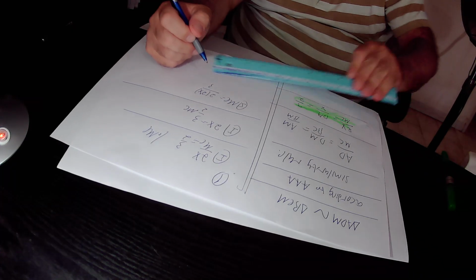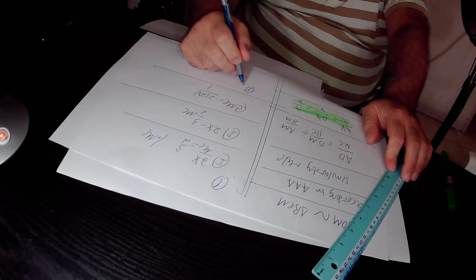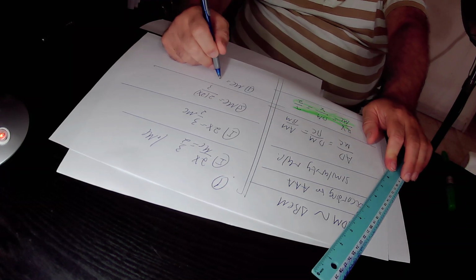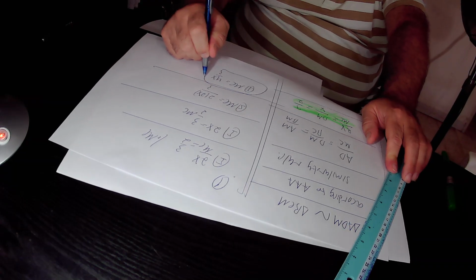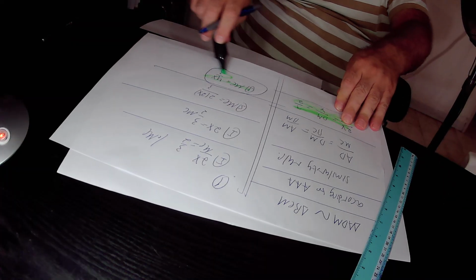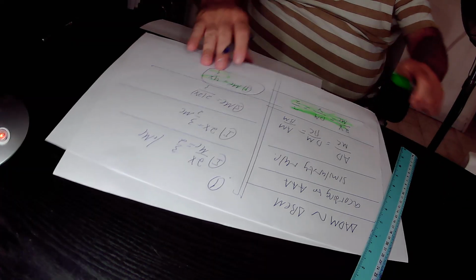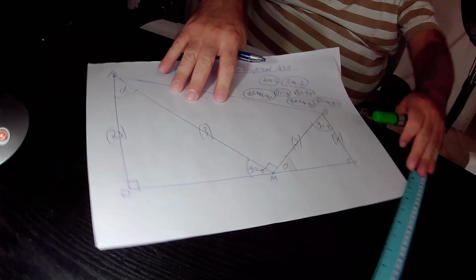So MC equals 4x over 3. In total, we found out that MC equals 4x over 3 units in its length. This is side MC that equals 4x over 3 units in its length.